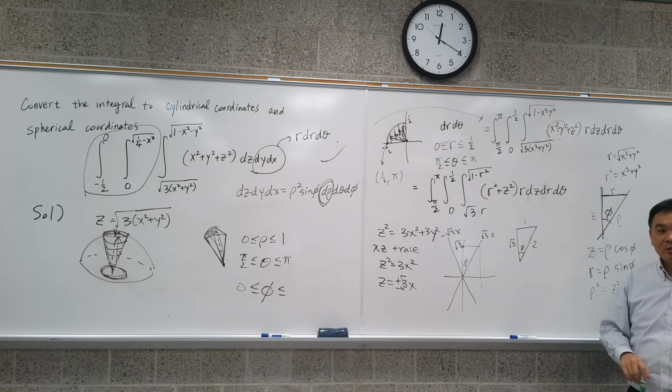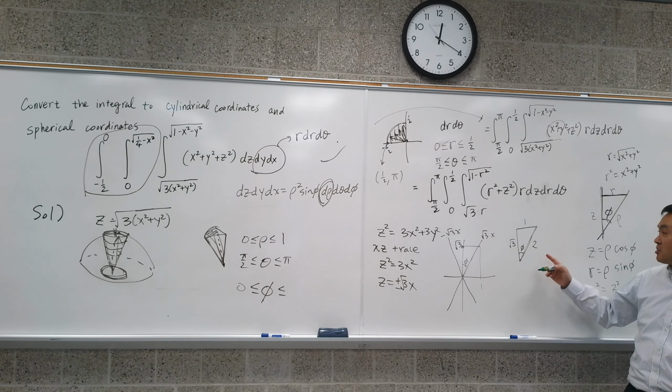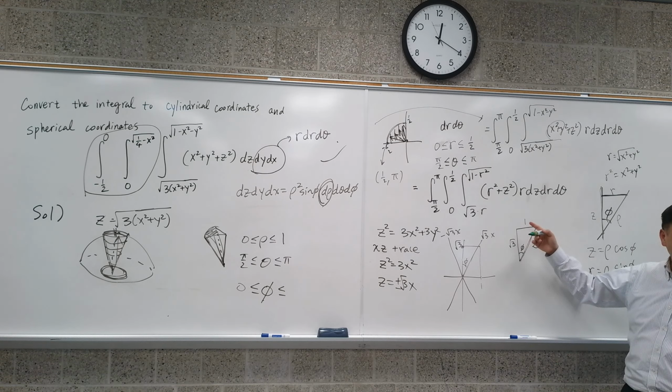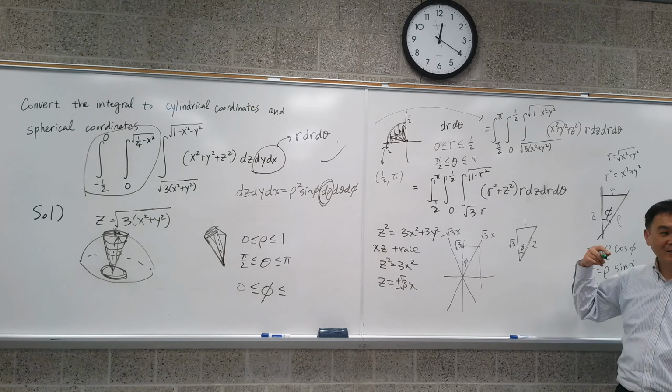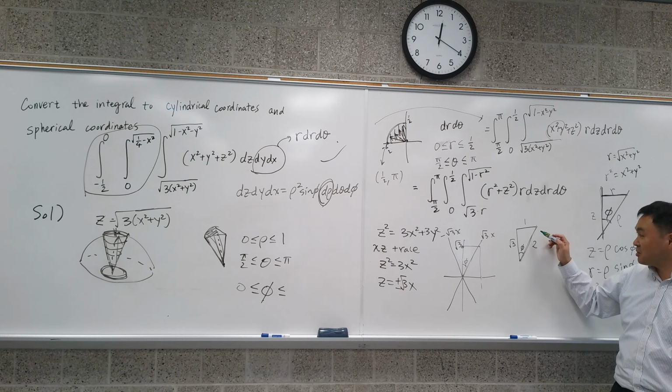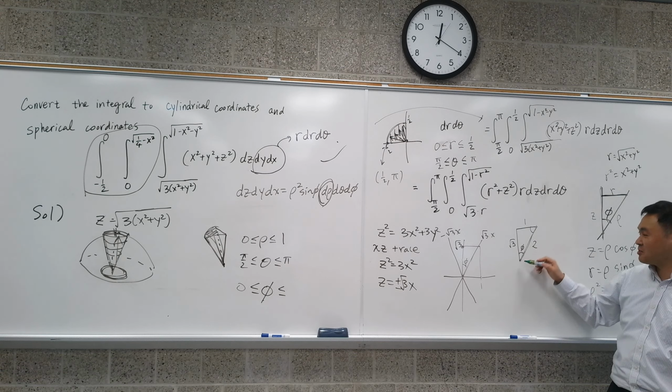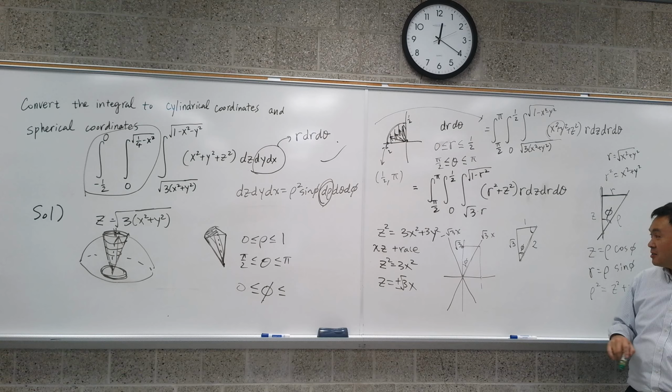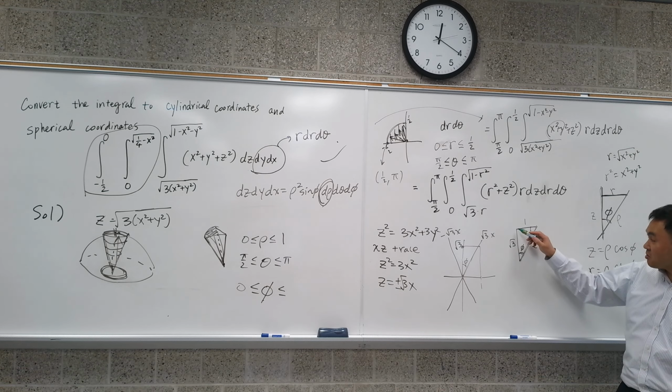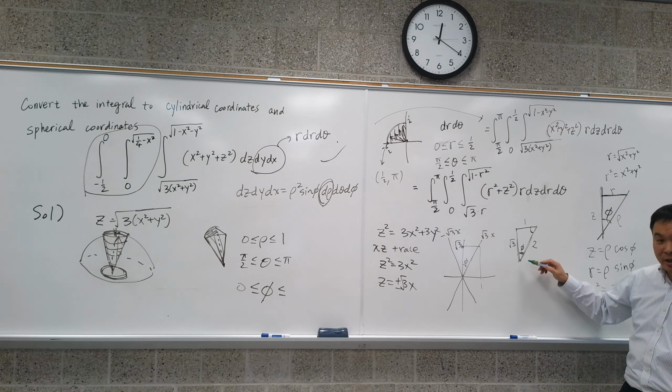Okay. Do you recognize this triangle? 2, square root of 3, 1 triangle. It's one of the special triangles, right? What is this angle? You can guess, right? 30. This is 60, this is 30, right? Because this side is longer, this is the smaller angle than this one.